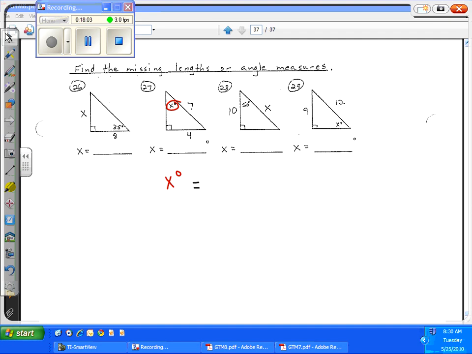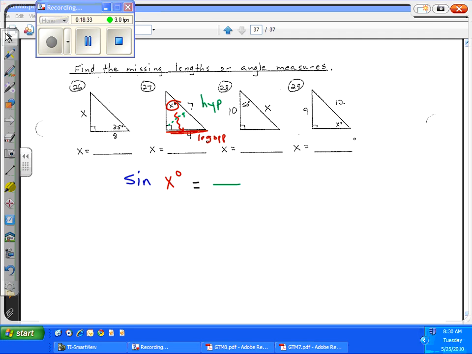We want to see how the sides given are related to that angle. The 7 is the hypotenuse because it's the side across from the right angle. The 4 is a leg. It's the leg across from, or opposite. So we have leg opposite the x and hypotenuse. Leg opposite, hypotenuse is sine.